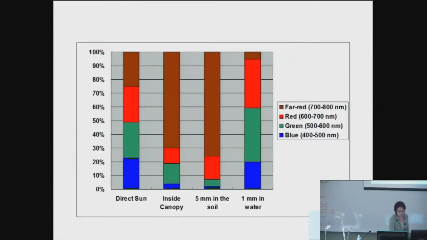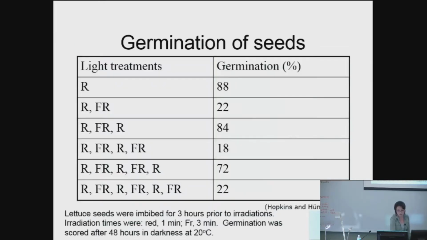This is just a graphical presentation of the previous table, so that you see the distribution is very different at the different measurement locations. This one is germination of seed. It's a classic response of phytochrome of plants to red and far red, a reversible response.